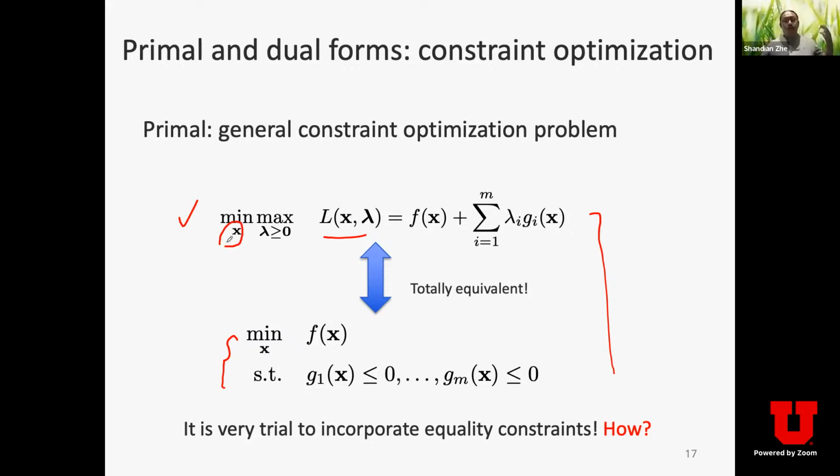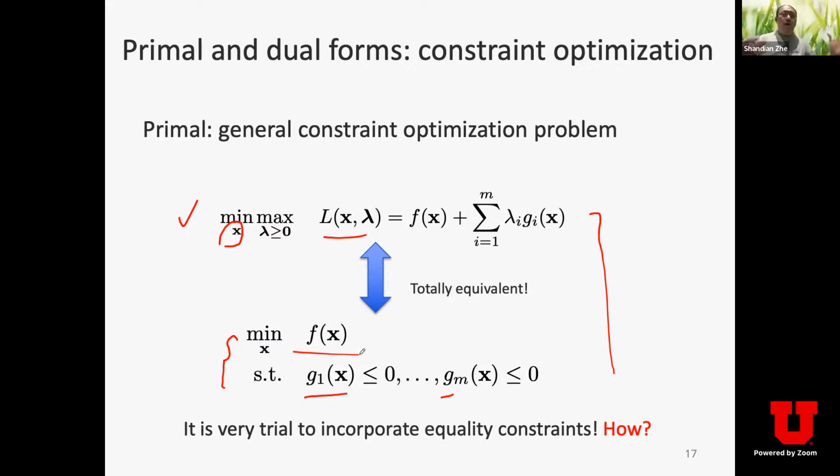So in the original problem, those constraint functions can be very complicated. If you want to ensure that your x must satisfy all these m constraints, and then under these conditions you want to minimize f of x, it is non-trivial in many cases.